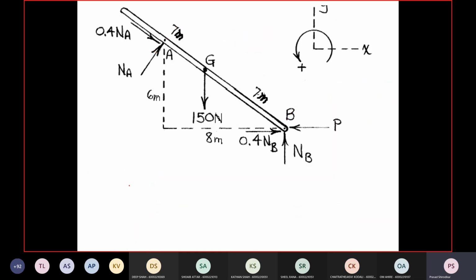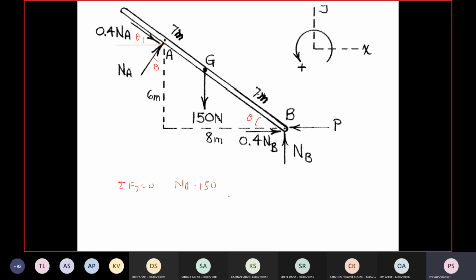Now let's do summation Fy equal to 0. So NB minus 150, and this is theta. This is also theta, and this angle with the horizontal is also going to be theta.